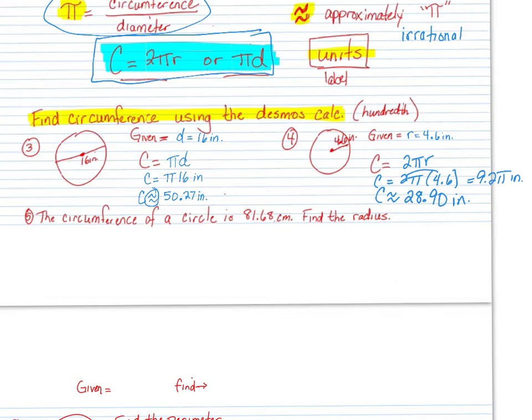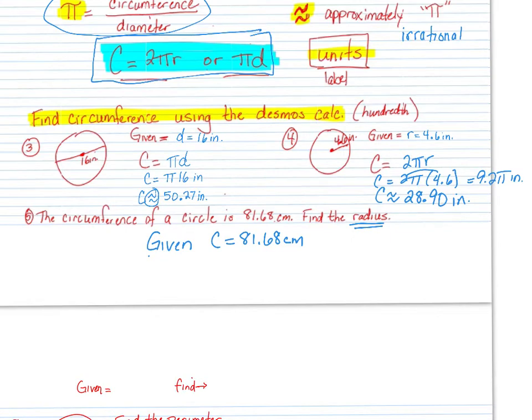If it says something like the next one, the circumference of a circle is 81.68 centimeters. Find the radius. What are we given on this one? Sam? The circumference. We know the circumference is equal to 81.68 centimeters, correct? We are trying to find the radius.